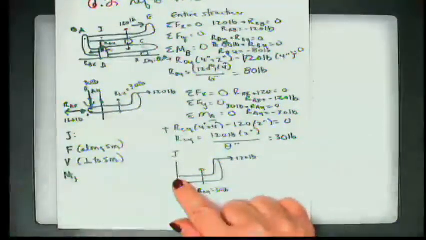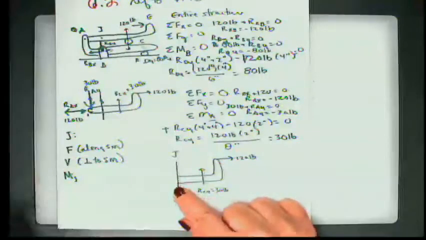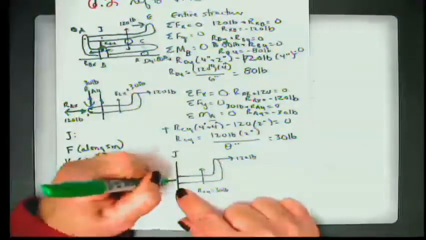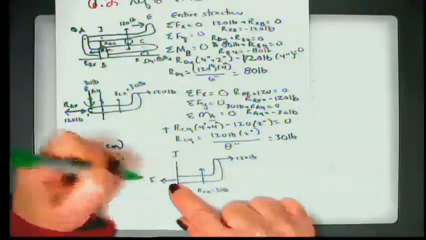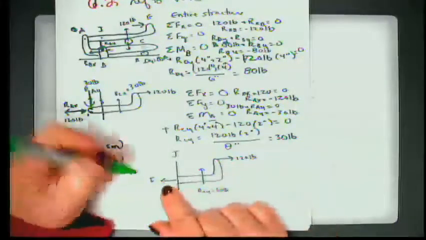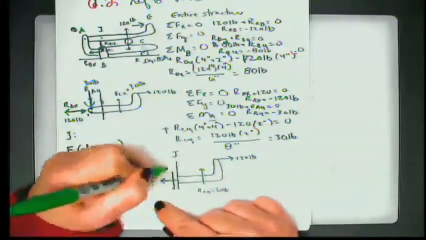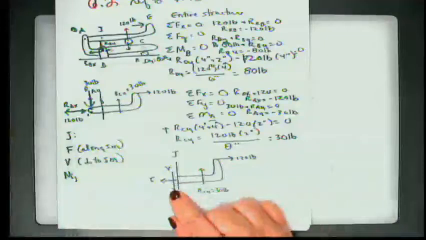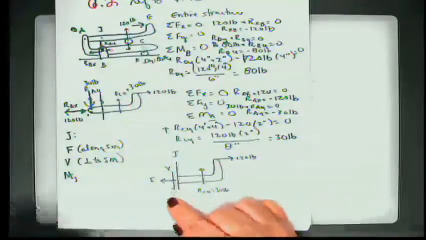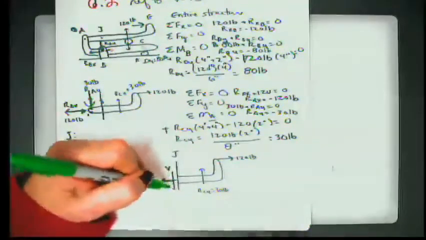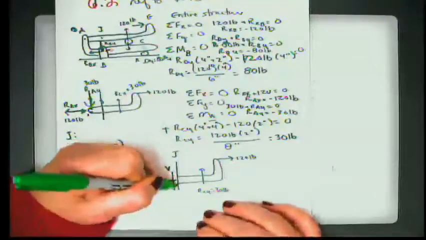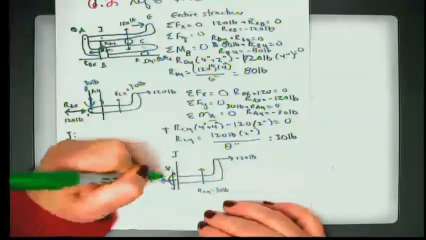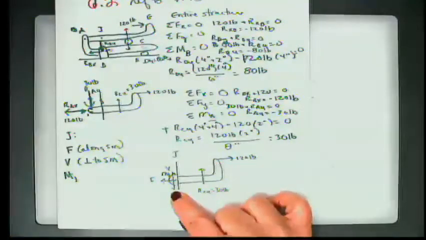And then here at point J, we draw three different things. We draw F, directed along the structural member. We draw V, directed perpendicularly to the structural member. And we draw a moment at point J, just as a little thing.